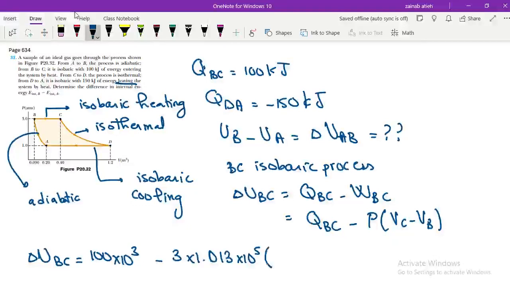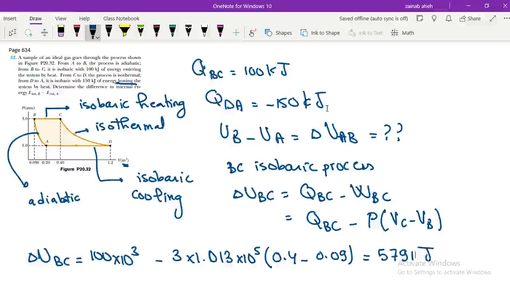Then VC minus VB: VC is 0.4 minus VB, 0.09. Don't forget to look at the axis, you have meter cube, it is in SI unit, no need to change. Calculating this, we get 5791 joule, and this is delta U BC.